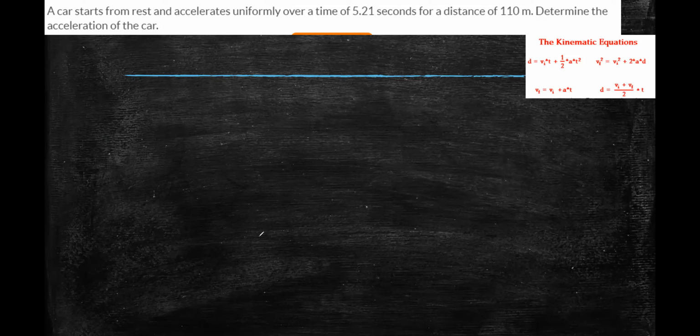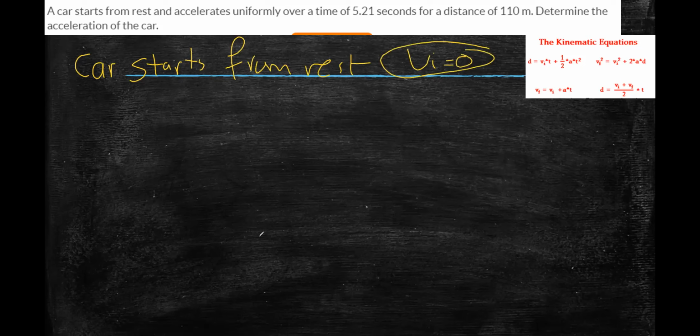Every time you see the words car starts from rest, that means V initial is 0.